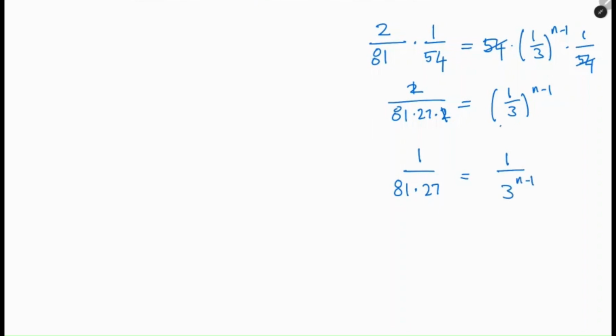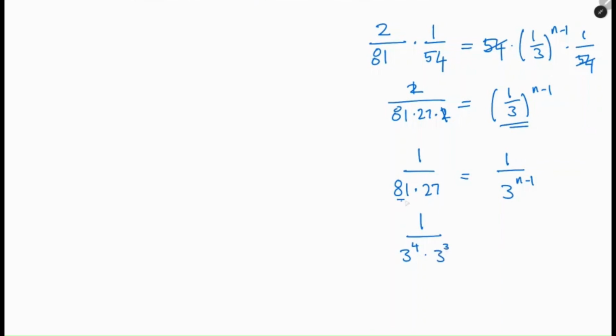Now, how to solve for this? Okay, so 81, let's remind ourselves, is equal to 9 squared. 9 is equal to 3 squared. So 81 is equal to 3 to the power of 4. 27 is equal to 3 to the power of 3.